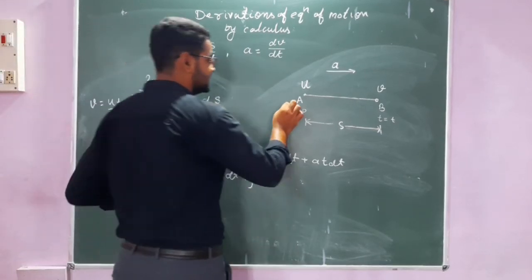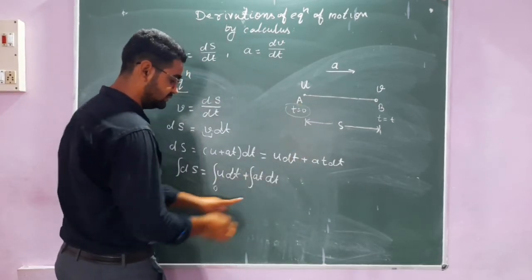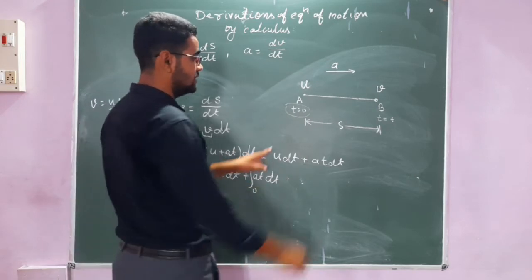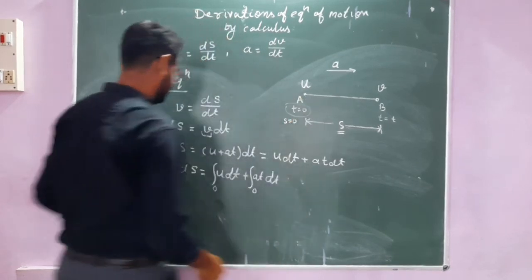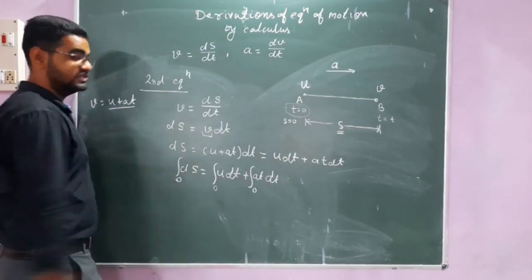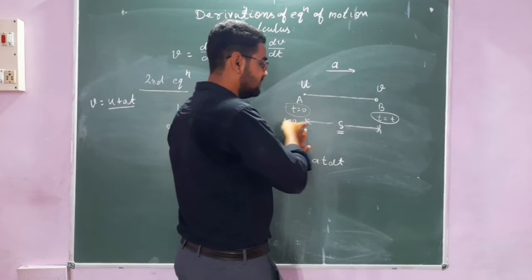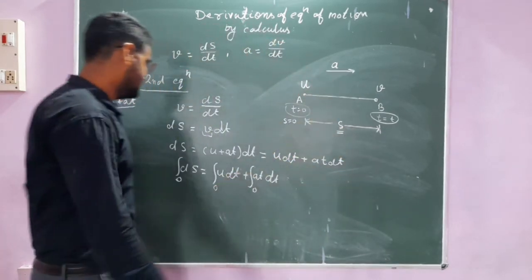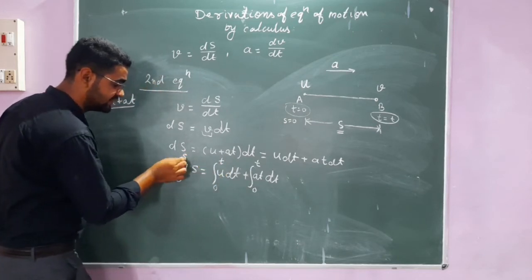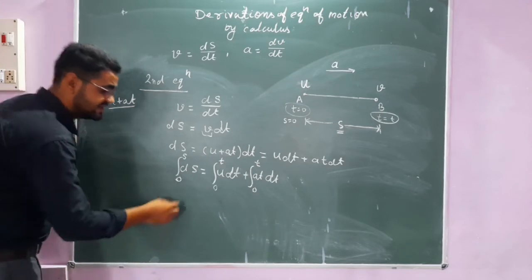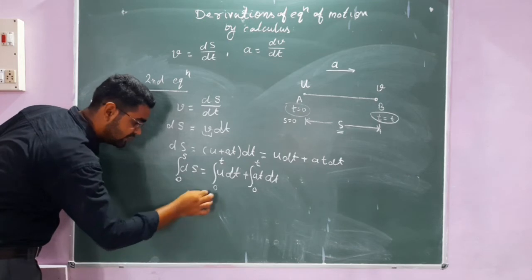Applying the limit, when the time is 0, the displacement will also be 0 at point A. When the time is t, the object will cover a displacement s. Now integrating this, the integration of ds will be equal to s, from 0 to s.